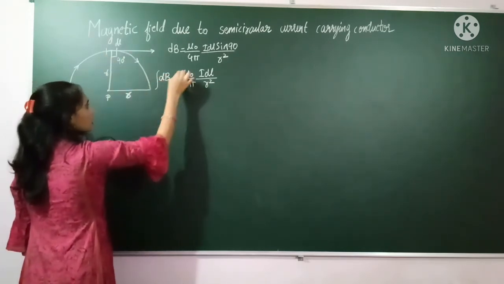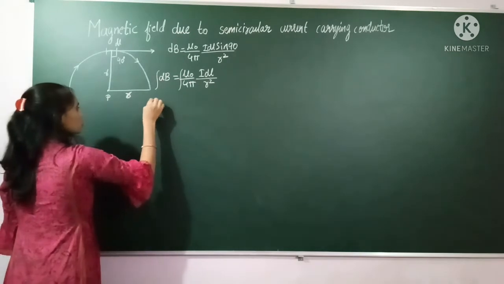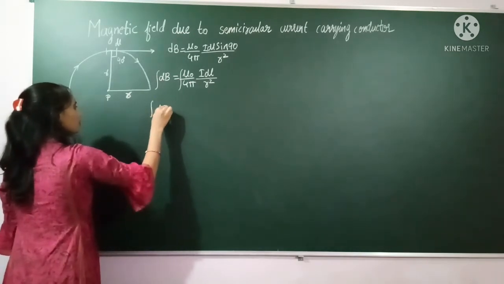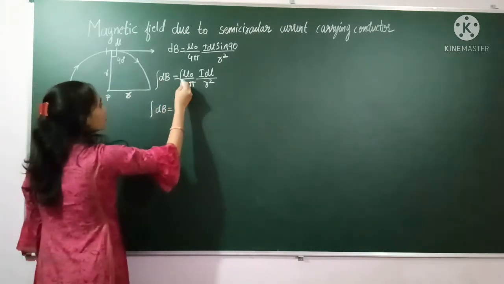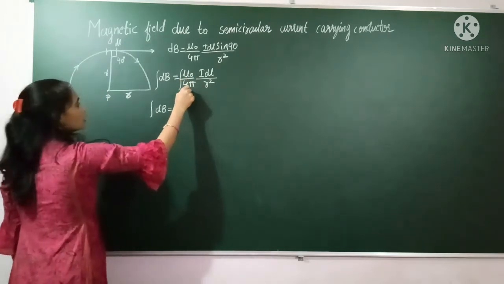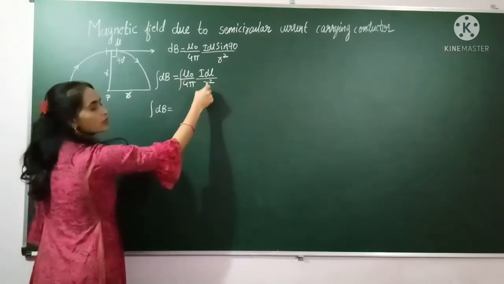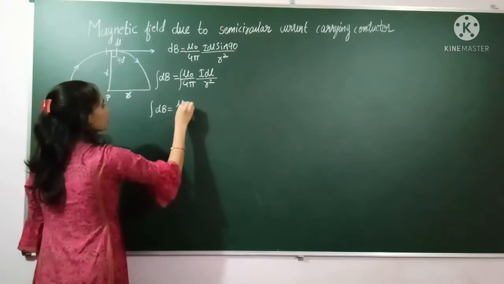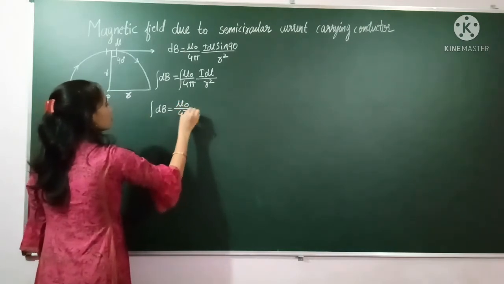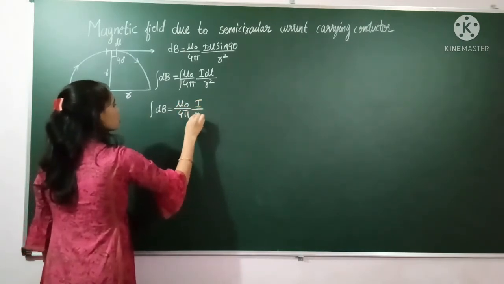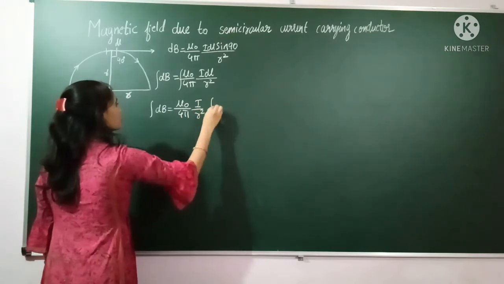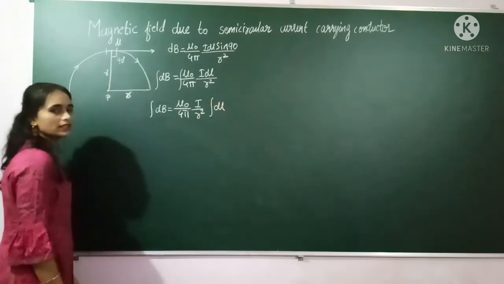Mu naught by 4 pi, I, and r are all constant, so we take them outside: mu naught divided by 4 pi, I divided by r square, integral of dl. Only dl is integrated.